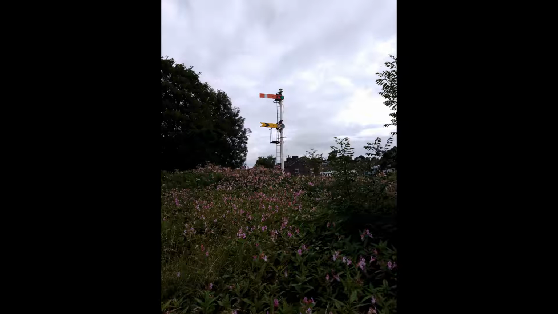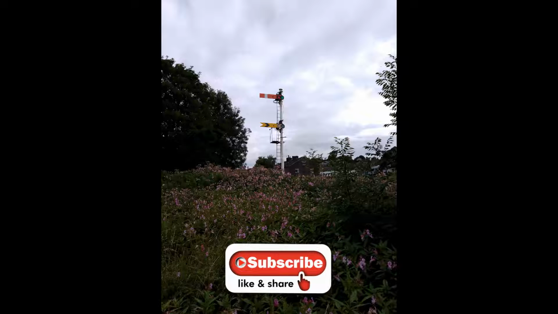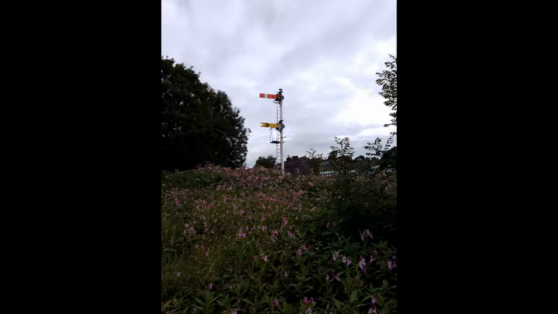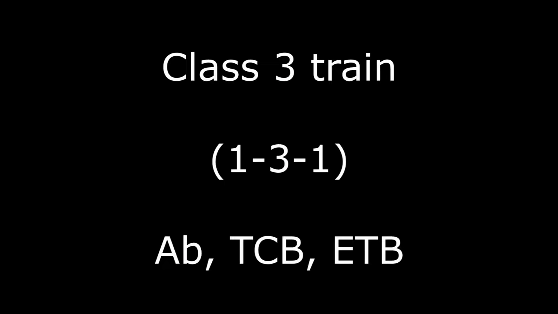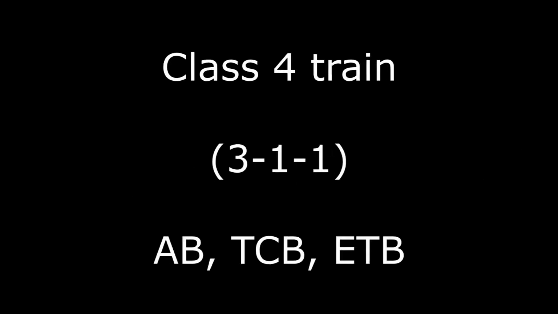I'm going to just speed this up now, because otherwise the video could end up being too long and I don't want that. So then we have 1 pause 3 pause 1, which is for a class 3 train. Then we have 3 pause 1 pause 1, which is a class 4 train.